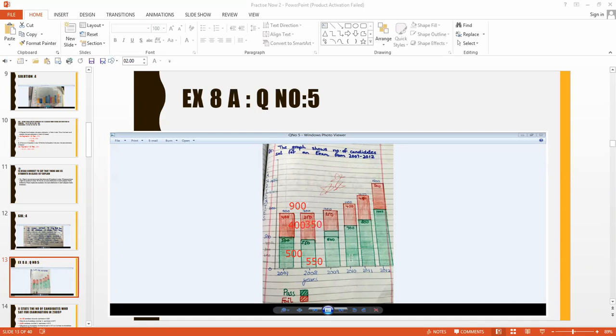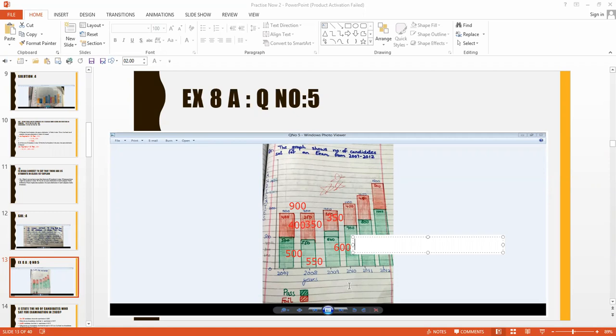Next one is 600 plus 350. Here, pass students are 600 and the fail are 350, so total students are 950. Next, we come to 2010.